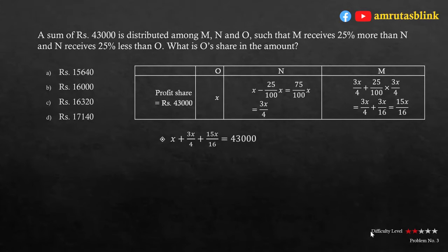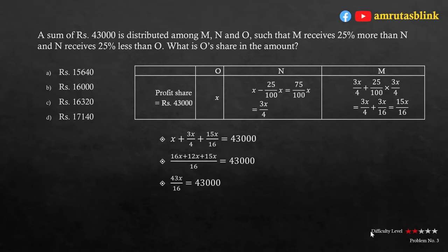Now, total profit is given as 43,000 rupees. Hence, we can add all these profits to 43,000. So, X plus 3x upon 4 plus 15x upon 16 is equal to 43,000. So, LCM of denominator is 16. Hence, 16x plus 12x plus 15x is equal to 43,000.